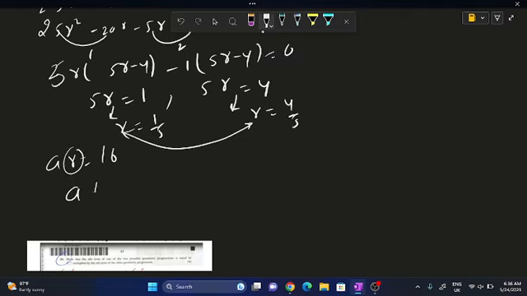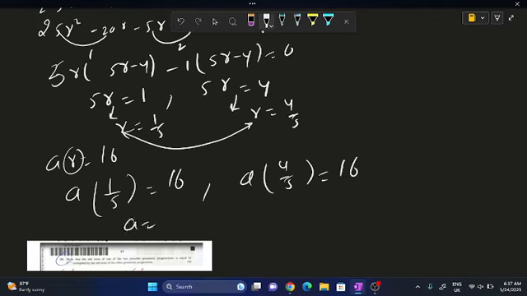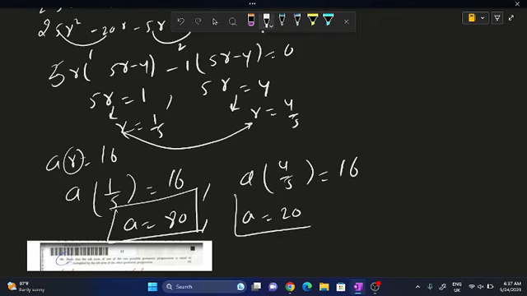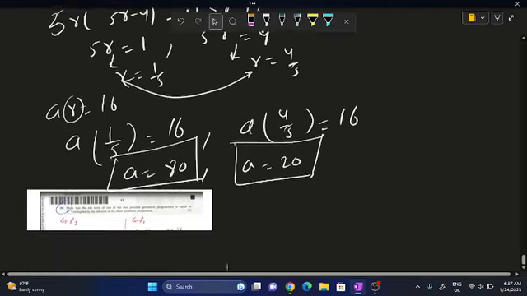That gives a times 1 by 5 equals 16, and a times 4 by 5 equals 16. Solving, a equals 16 times 5, which is 80. And a equals 16 times 5 divided by 4, which gives 20. So this is my first answer, 80, and this is my second answer, 20. The possible values for a for this question are 80 and 20.